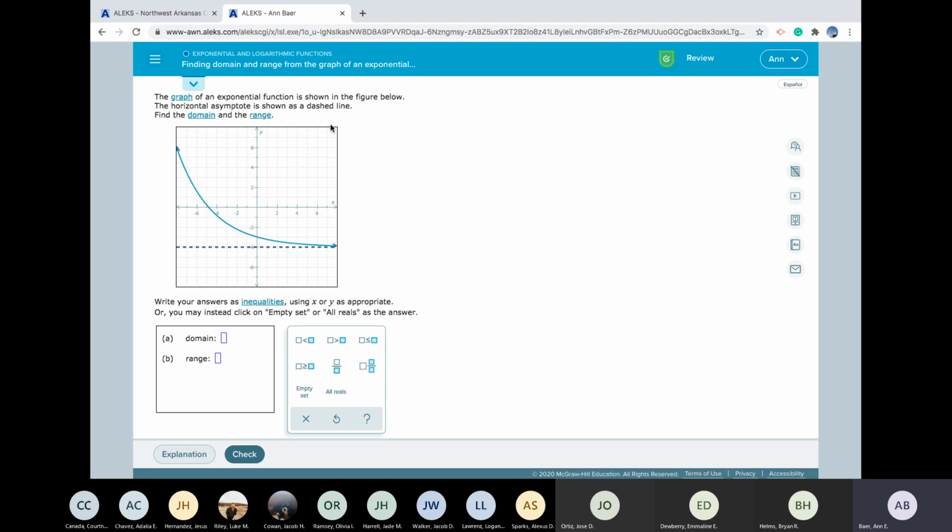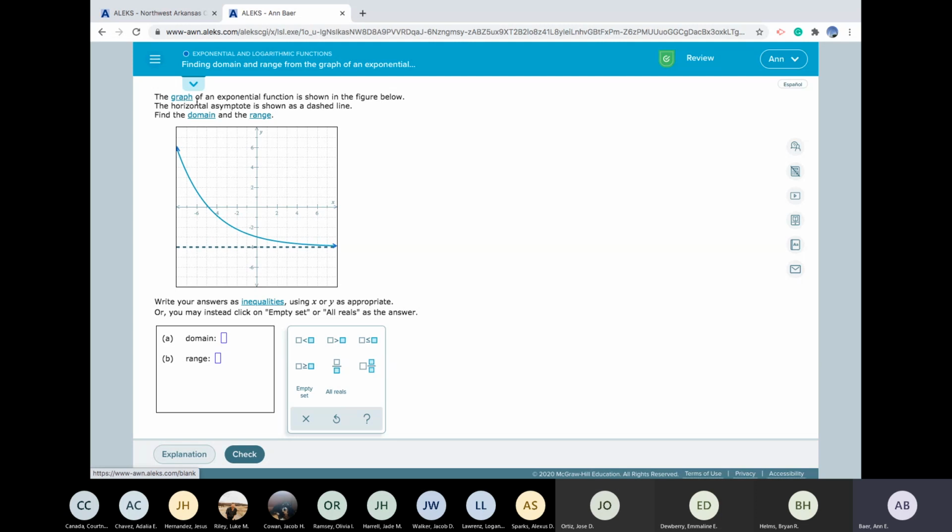We see that in population growth, and right now, being in a pandemic, we hear about exponential growth in the news sometimes. At least I do when I listen to the news, and I will point this out when we see a graph that's more consistent with population growth. This one's lying beneath the x-axis here, and this would be more like radioactive decay if it lay above the x-axis.